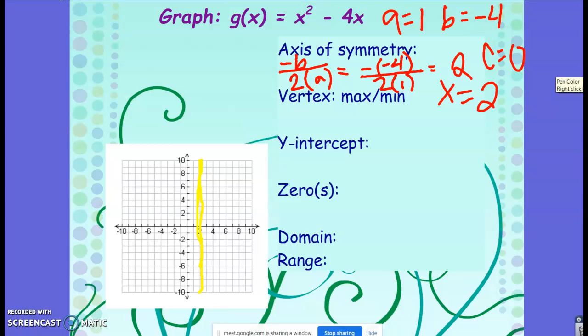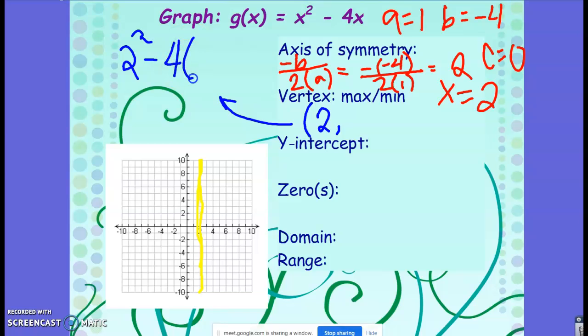All right, so now we're going to go from there to find our vertex. We know this 2 has to be the x value of our vertex. And we know that because it has to be on the axis of symmetry. So if 2 is the x value of my vertex, I can plug that in to the equation. 2 squared minus 4 times 2.